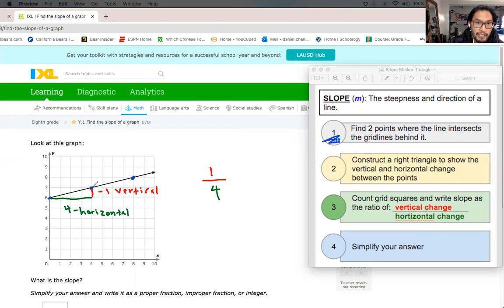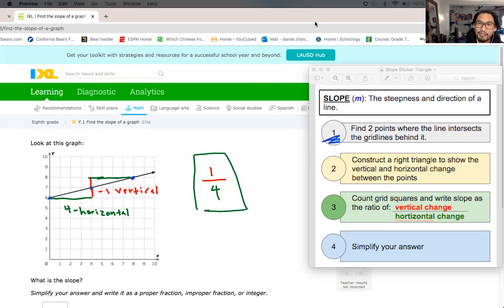Every point on this line is a ratio of 1 up to 4 across. 1 up, that's 1, and then 4 across. 1, 2, 3, 4. 1 to 4, vertical to horizontal. That is my slope. Every point is some ratio of 1 to 4.